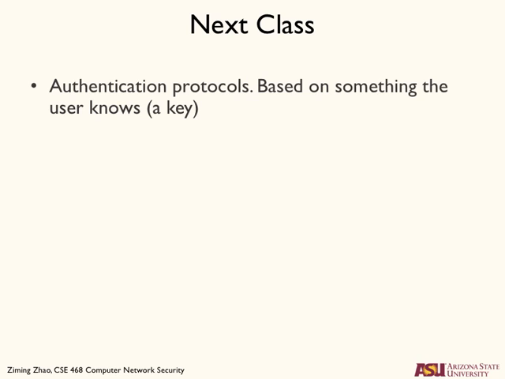Usually it's a key. Users are freed from remembering a password, but the key has to be stored somewhere secure. Going from there, we're going to talk about very sophisticated protocols like Kerberos, which ASU also uses. So this is it for today.